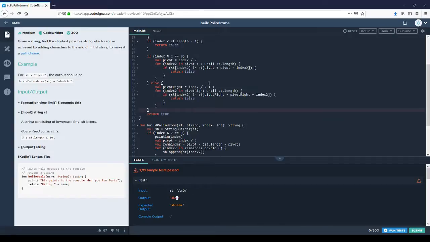But why are you believing that it's correct? Oh, okay. It's always correct. Pivot right minus 1, that would be pivot left.